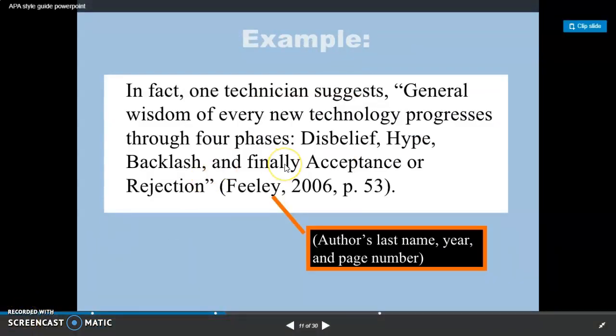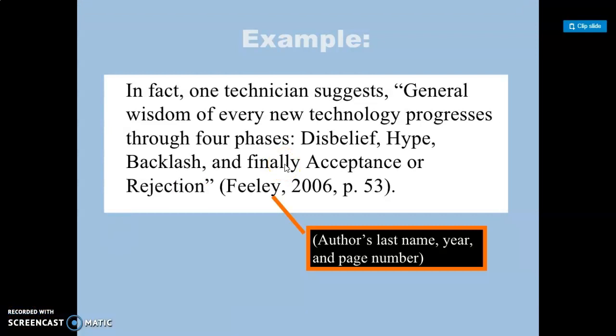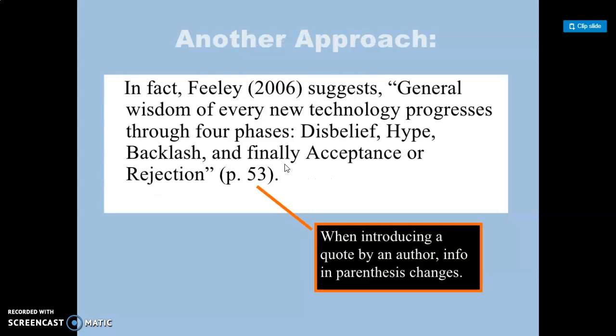So here you can see an example. In fact, one technician suggests general wisdom of every new technology progresses through four phases: disbelief, hype, backlash, and finally acceptance or rejection. So in brackets, the author's name is given, his last name, and through a comma is given the year and page number.